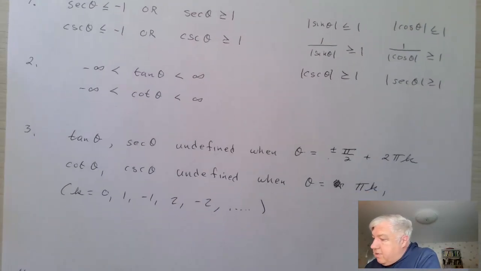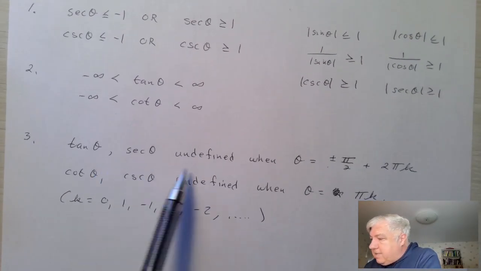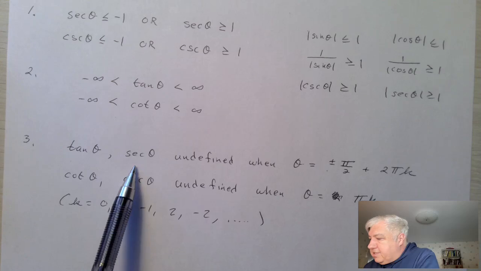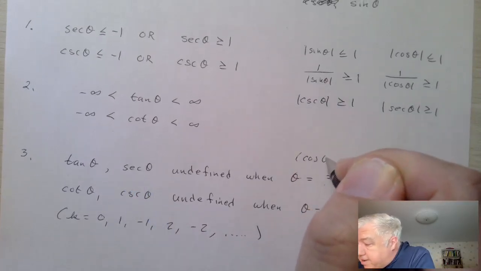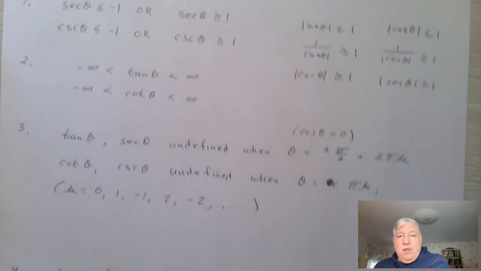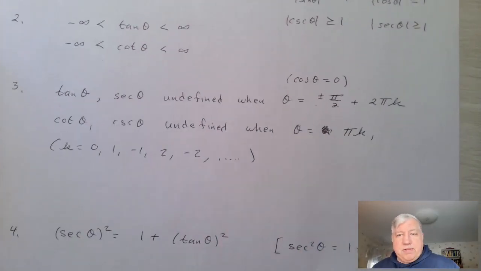So the tangent and secant are undefined when the cosine of theta is equal to 0. If we remember from our last video, that is all the values of the form plus or minus pi/2 plus 2 pi k.